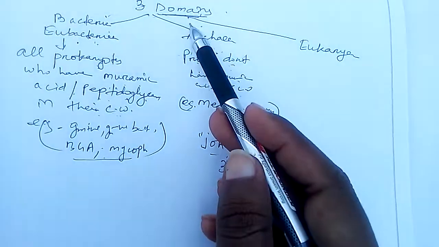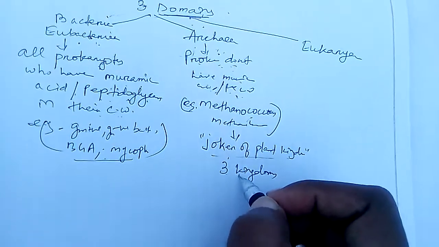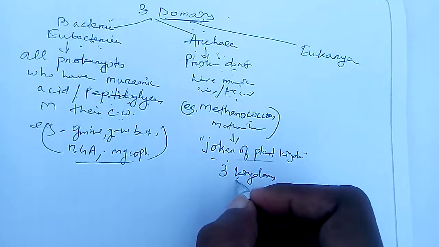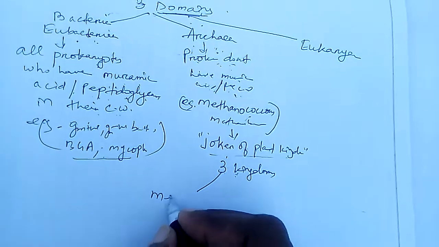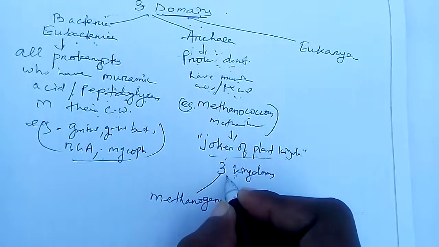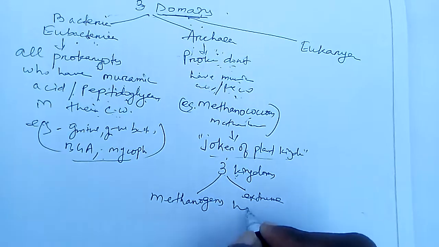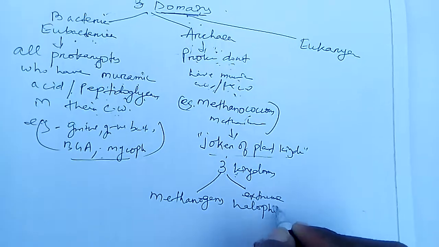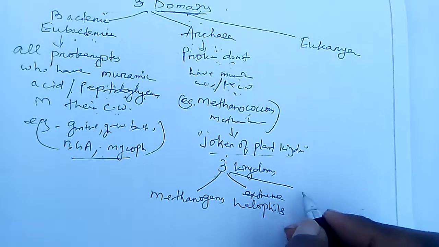According to Carl Woese, those 3 kingdoms are methanogens, extreme halophils, and thermoacidophils.